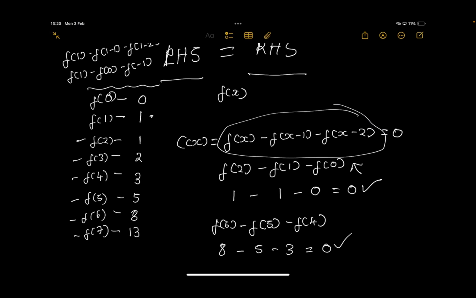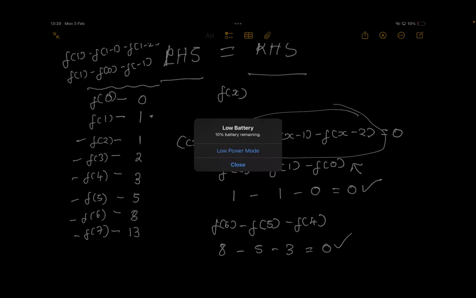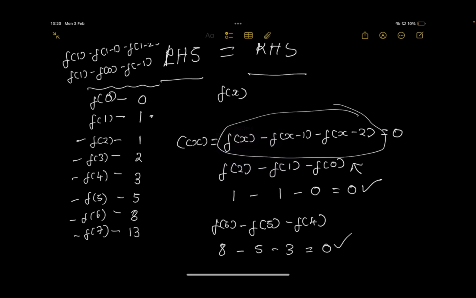So that's why we're dividing by multiple points. All of those places should evaluate to 0.